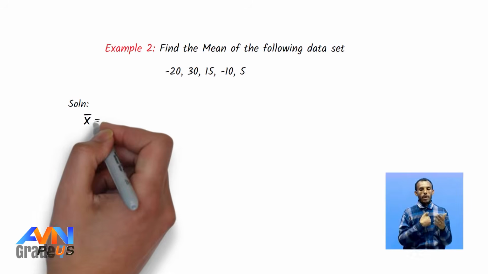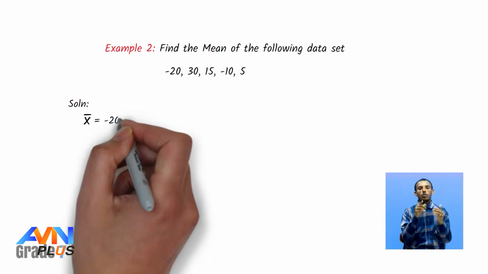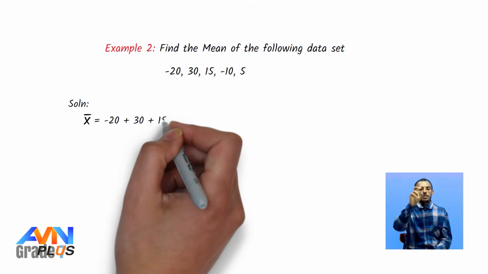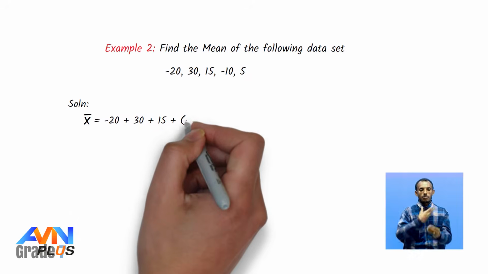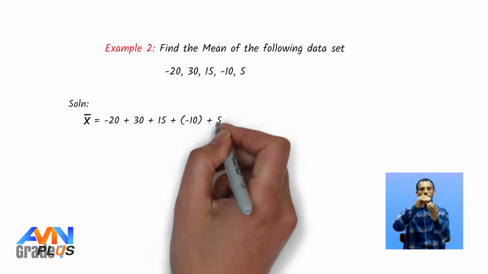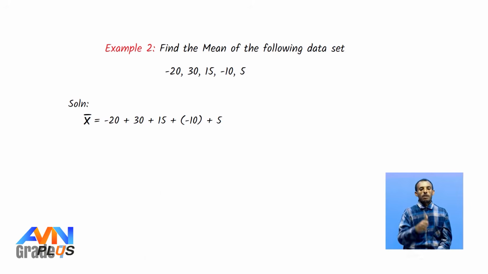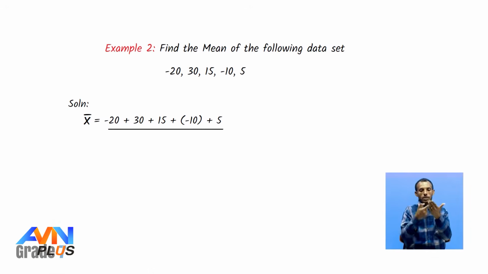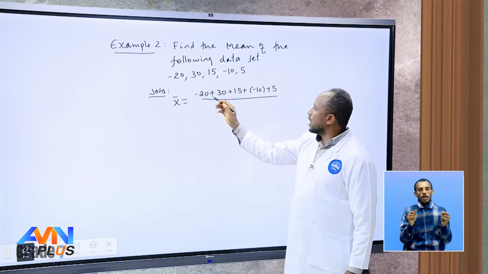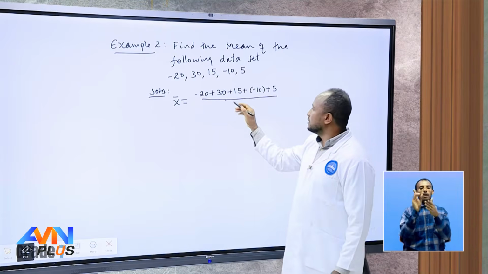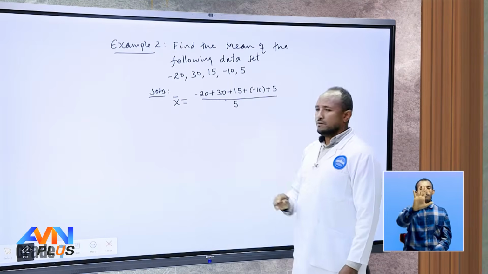So mean is equal to negative 20 plus 30 plus 15 plus negative 10 plus 5, divided by the number of data. Here you have 1, 2, 3, 4, 5 data, so you divide this by 5.